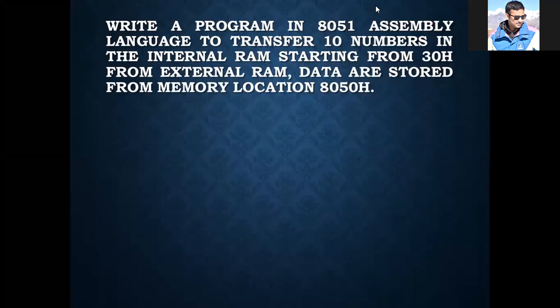From this figure or from the problem, we can clearly understand that the data from memory location 8050H is to be stored into 30H. 8051H will be stored into 31H. 8052H will be stored into 32H, and so on up to 8059H.